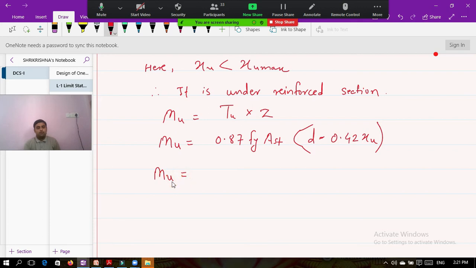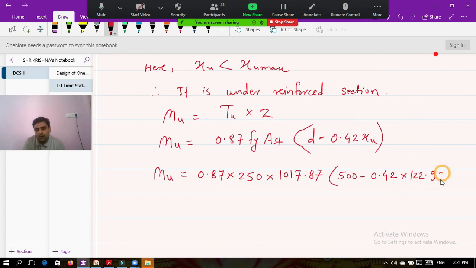So Mu is equal to 0.87 into 250 into Ast, which was 1017.87, into (effective depth 500 minus 0.42 into Xu, which was 122.99).